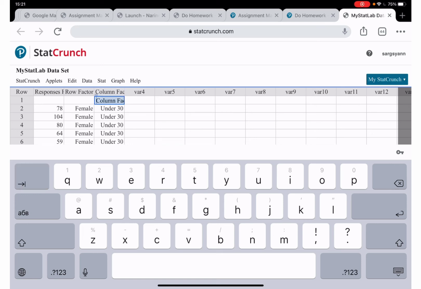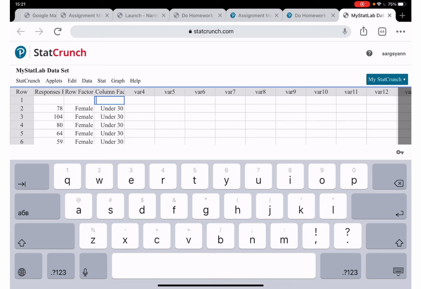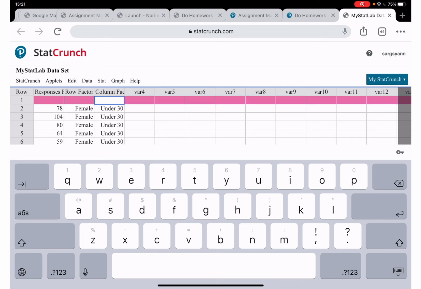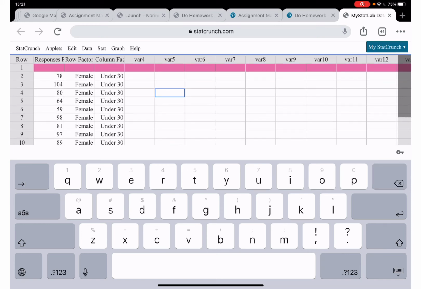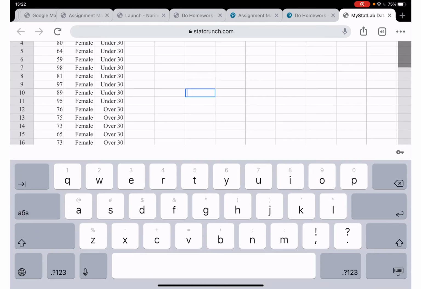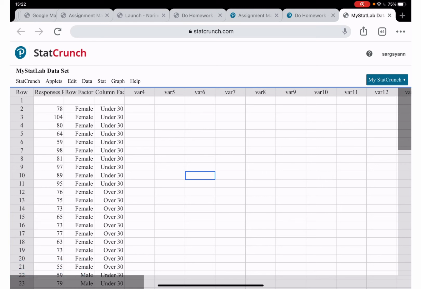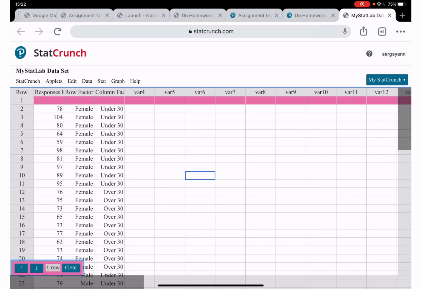Okay, let me see if I can delete this row. Let's try, because there is a space. I should be able to. Oh, here it is, row 1, clear. I highlight it and see, it popped up. Clear. Move up. There we go. It doesn't move down.